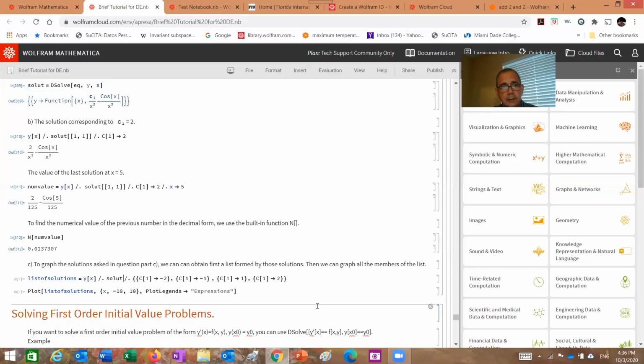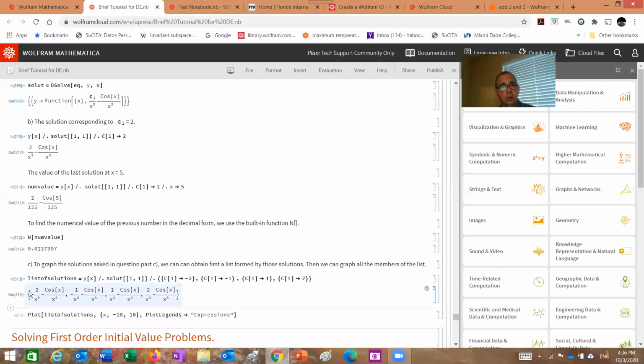But remember, to make it nicer, we are going to put here [[1, 1]] to get only the part of that solution, the one that we need. And then after that, we are going to replace the C1 by these values, by -2, -1, 1, and 2. And then we get a list, we get the following.